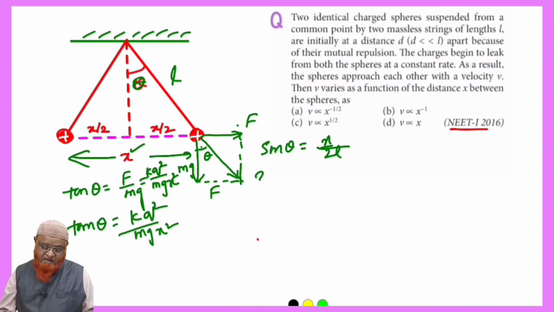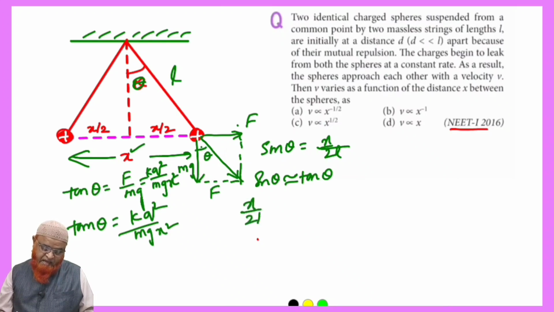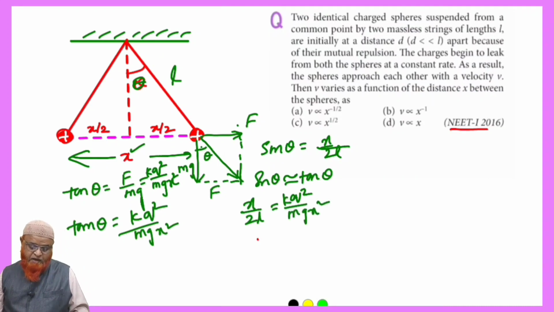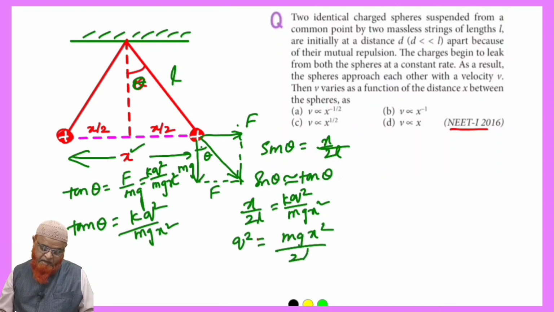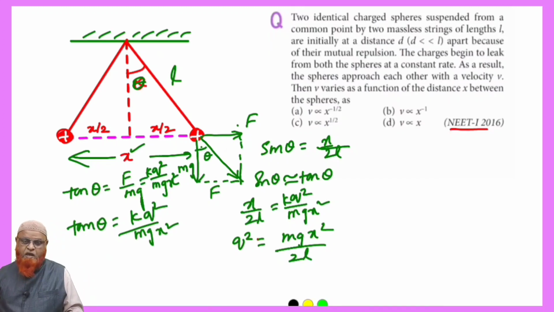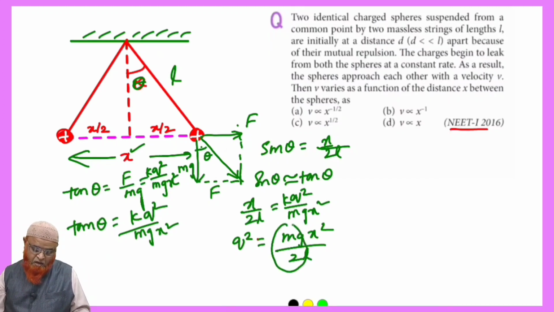For small angles, we can consider sin theta approximately equal to tan theta. So we can also write this as x by 2L is equal to k q square by mg into x square. So now we can take q square to one side and take mg into x cube by 2 into L here. Okay, so these are all going to be constant.